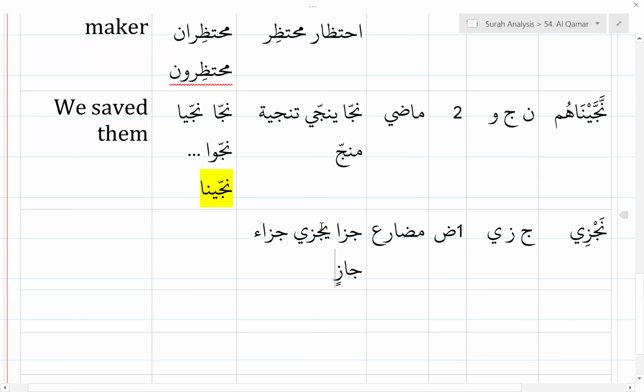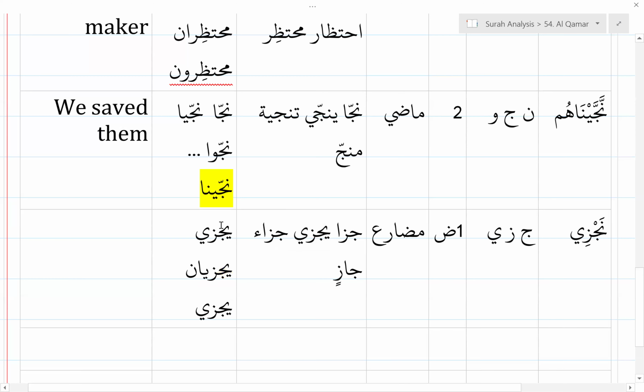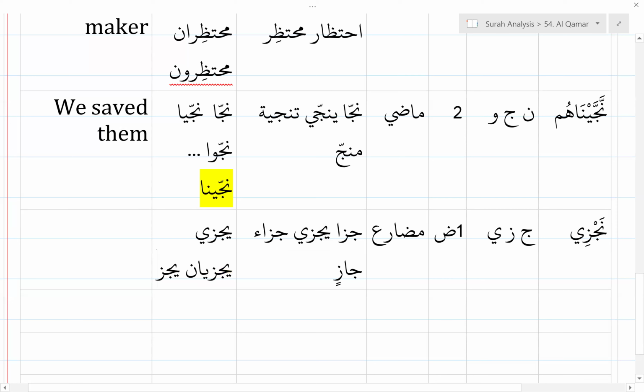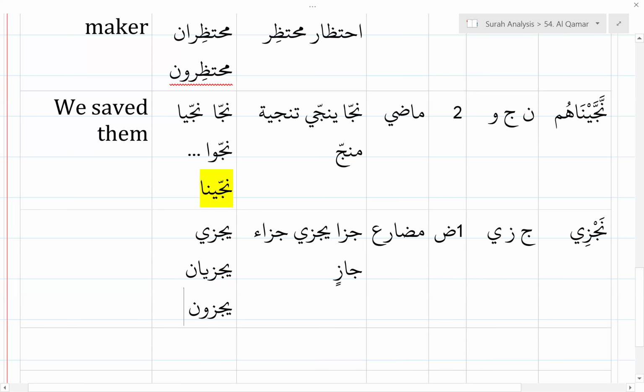Exactly. So we want the مضارع. يجزي يجزيان يجزون. Not يجزون, يجزيون. Yes, good. And then of course you're going to have to do all the way to نحن نجزي.